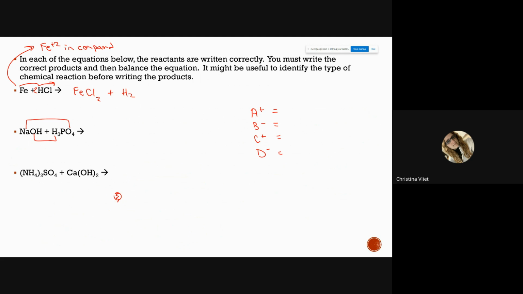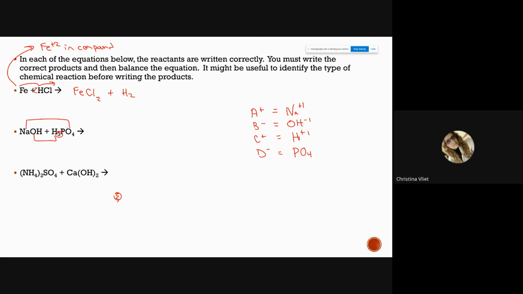What's the ion for sodium? Na is a +1 charge. What's the ion for hydroxide? OH is -1, right? What's the ion for H? +1, right? And what's the ion for PO4? Negative what? 2. No.